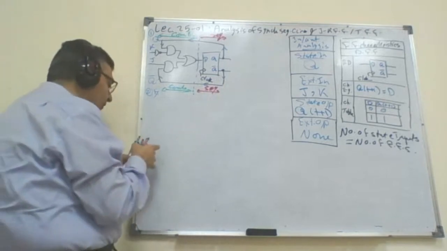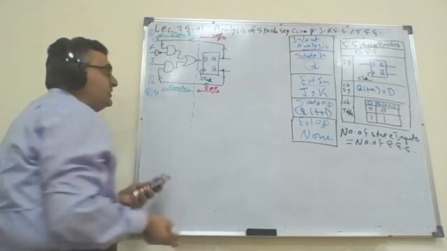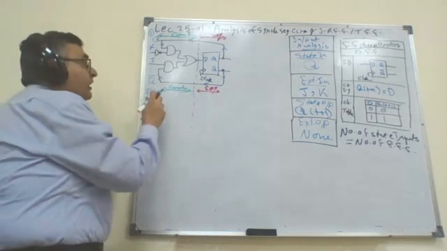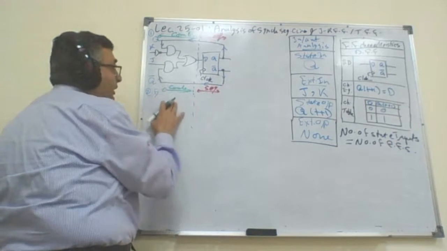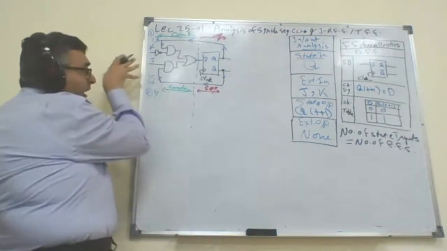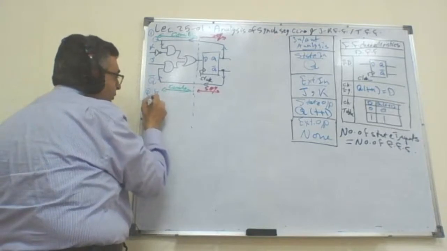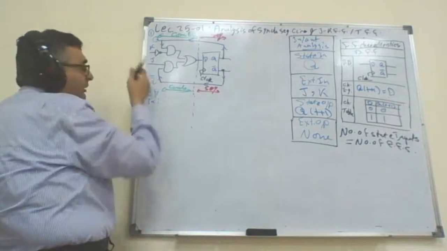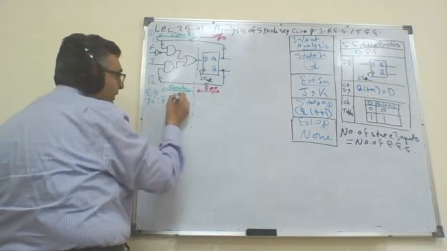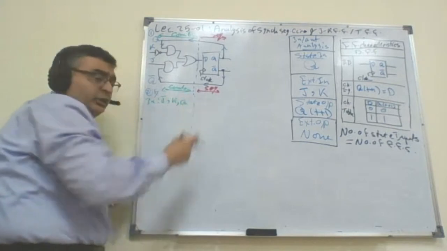Can I analyze the combinational part? The answer is yes. Can I identify the inputs and the outputs for the combinational part? The inputs for the combinational part are J, K, Q, and Q bar.